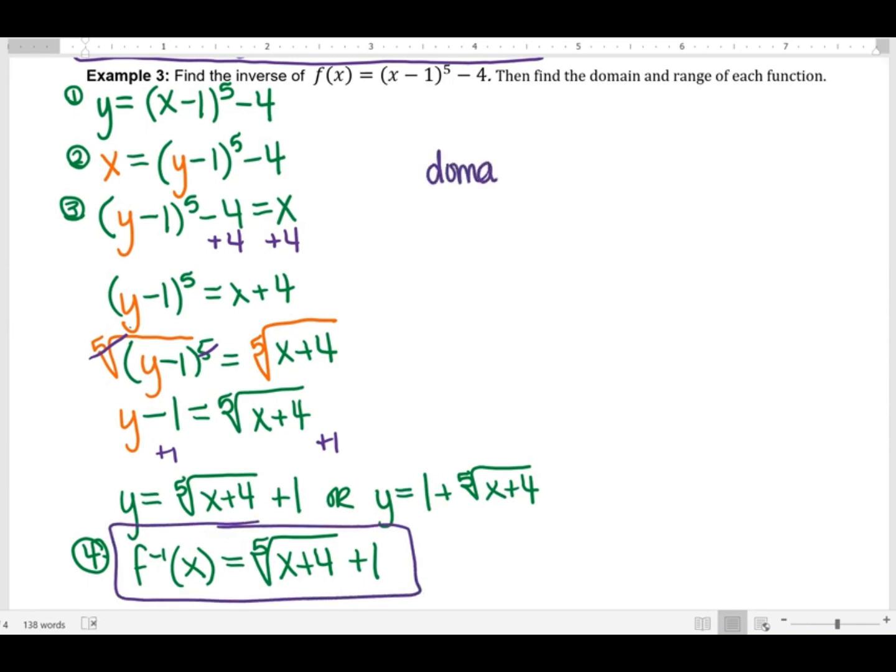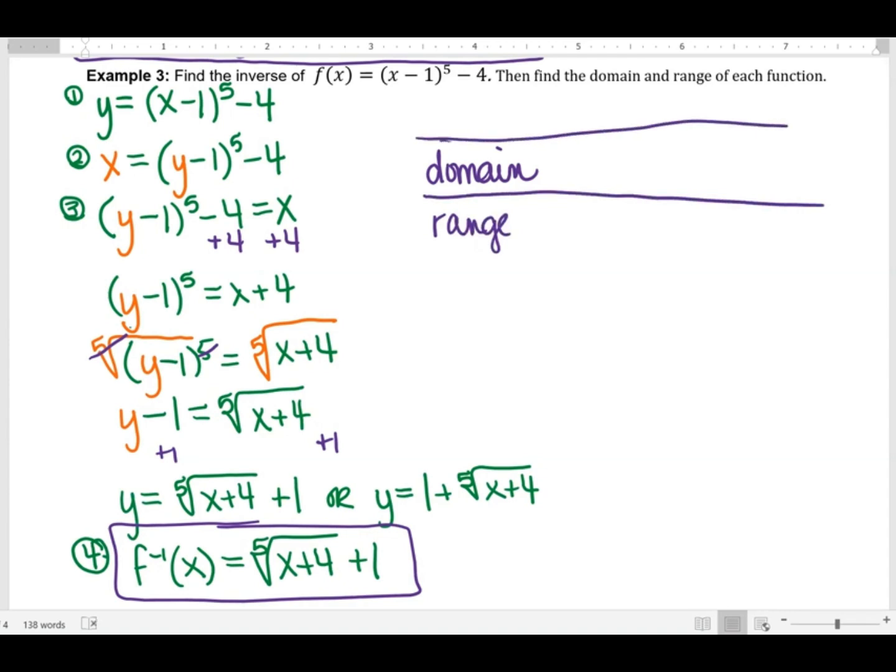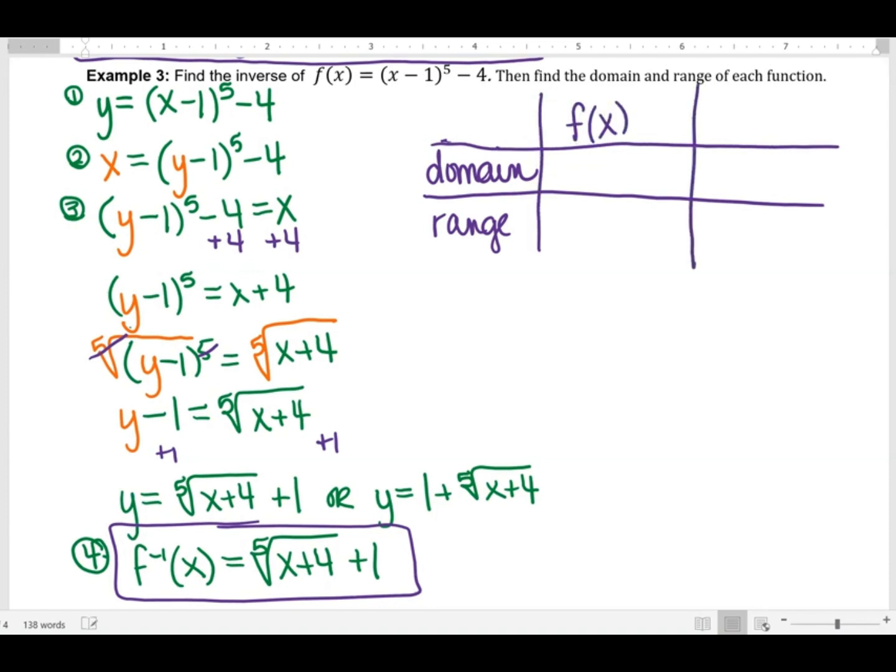We're going to have domain and range on our side. My lines are all over the place today. We have our original function, and we have the inverse.